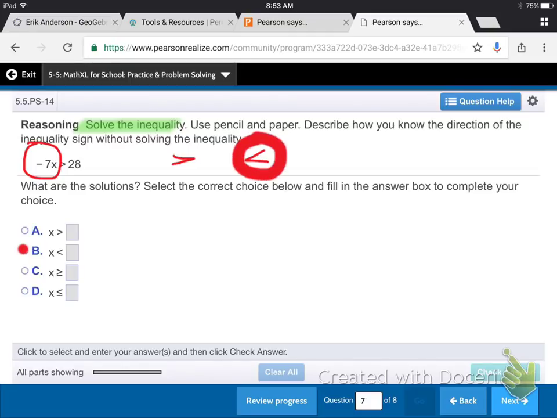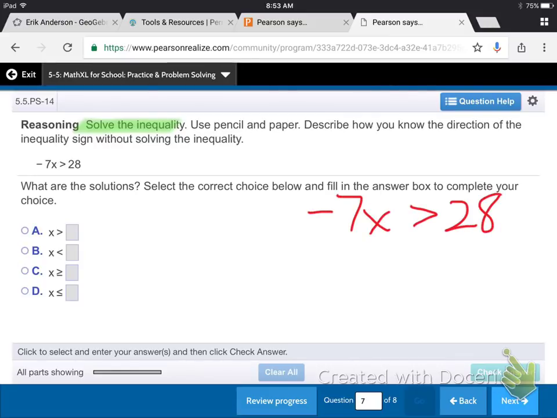Okay, so now let's go back a little bit and take our inequality and write it down, and we'll solve it. Maybe you already did it in your head if you're real bright and working ahead. Negative 7x is greater than 28. So we are going to divide both sides of the inequality by negative 7.